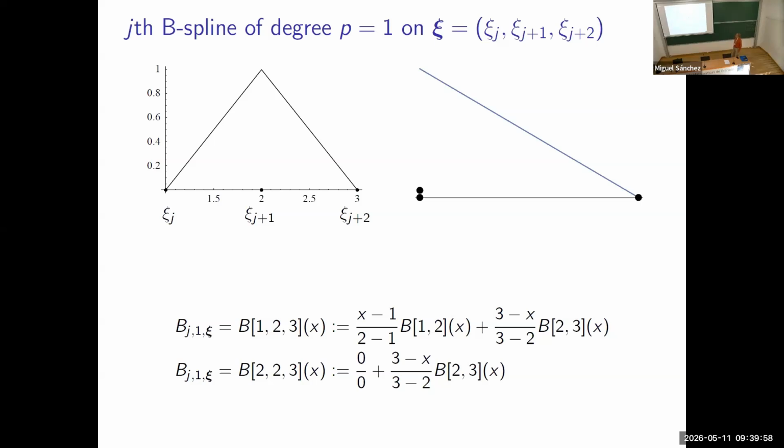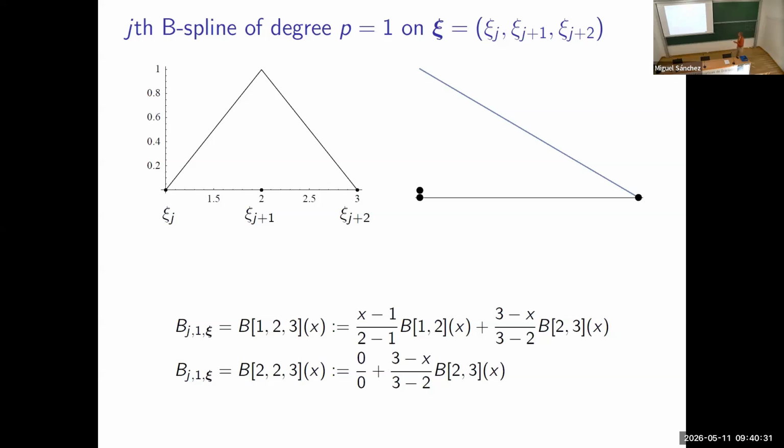Here is degree 1. If Cj, Cj plus 1 and Cj plus 2 are the three knots defining it, you get from the recurrence relation this piecewise linear function. For example, here the knots are 0, 2, and 3, and you get this function.